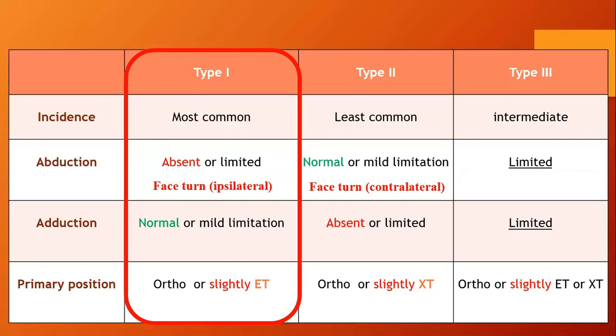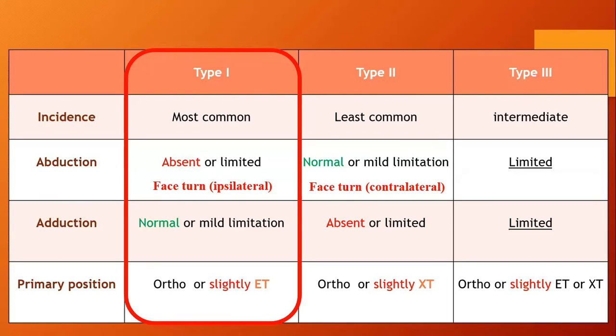How about the last type? The last type is like a combination of both. So remember type 1. Focus on type 1, forget type 2, because it's rare and confusing, as we just went through in the previous slide, because there are some inter-observer variations.